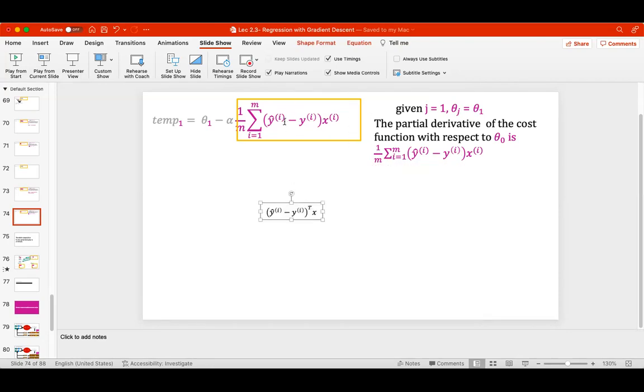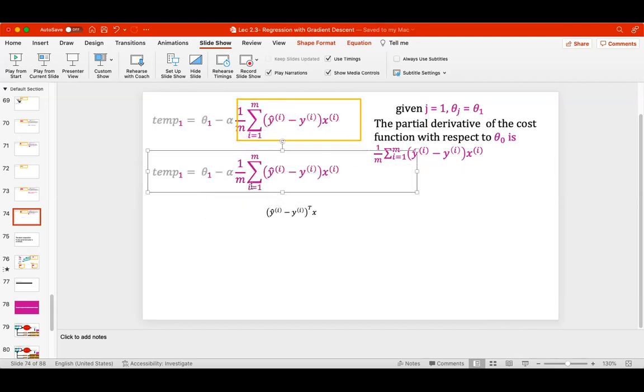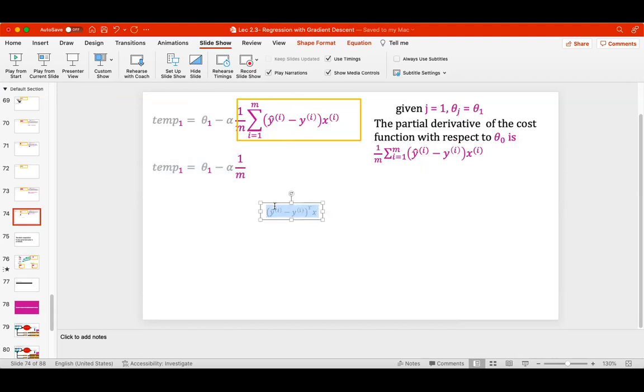So if we rewrite it, it will then be equivalent to this equation. And this is just the error, right?